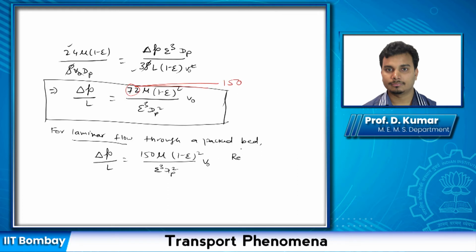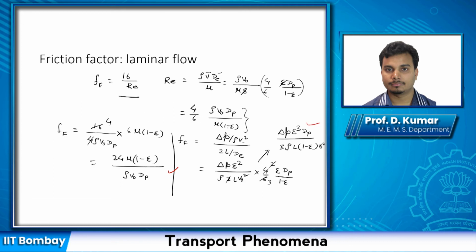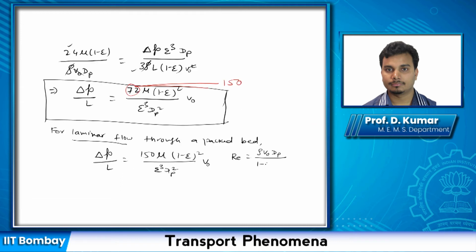So Reynolds number is rho v naught dp by 1 minus epsilon mu. For Reynolds number less than 10, the flow through packed bed is laminar. We'll discuss it further.